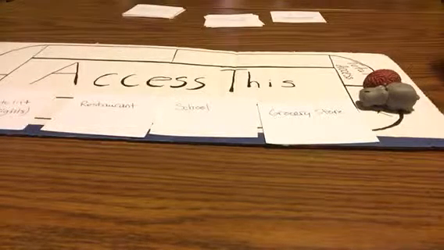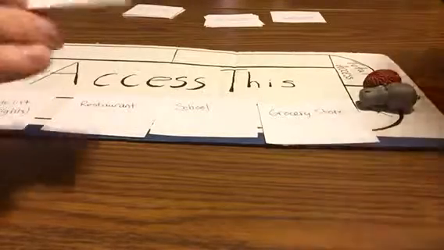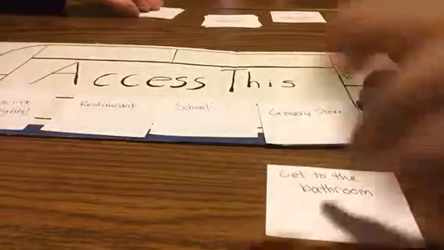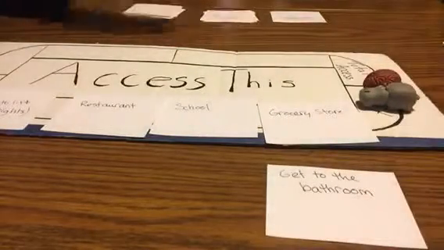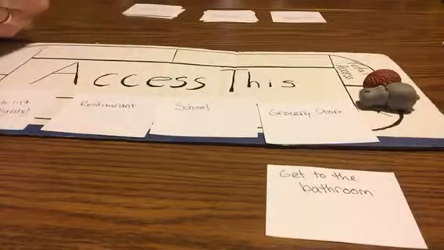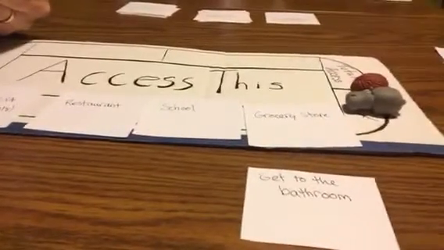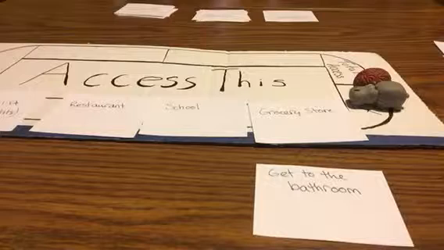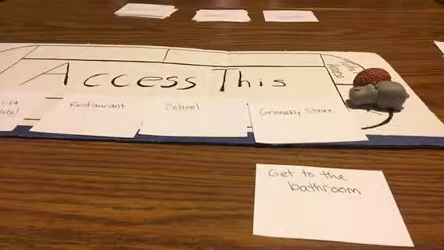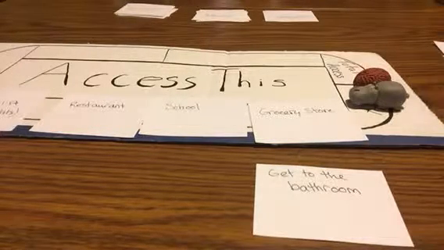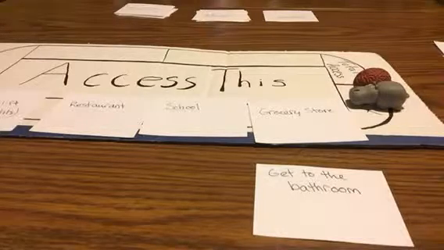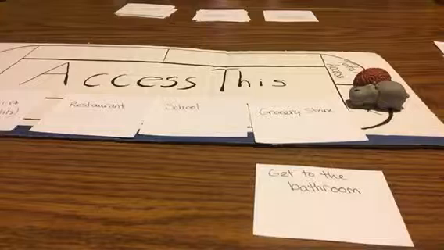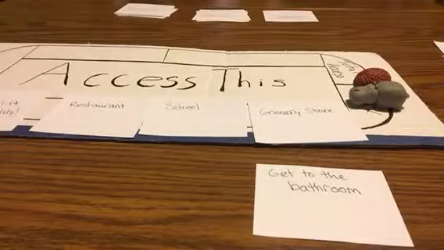Do you want to go ahead? Oh, yeah, I can do my turn. So I'll flip over an activity. I'm going to get to the bathroom at the grocery store. If I have full range of motion and impaired sensation in my dominant hand, I feel like I could do that one-handed unless it was a really heavy door.